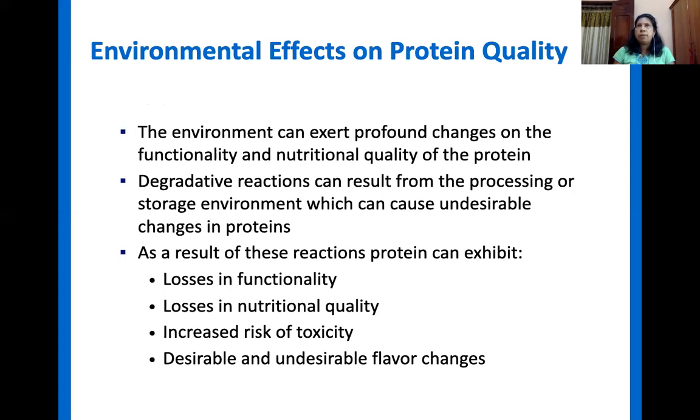When we mention nutritional quality, in some situations, if we change the amino acid totally, then nutritional quality can be changed. If not, normally only the functionality changes, because we mentioned at one point that because of the environmental effect, we can't change the peptide bond, but we can change the activity of the protein.